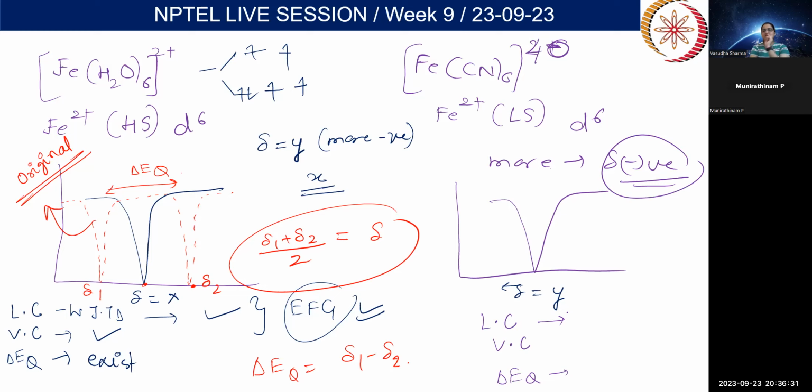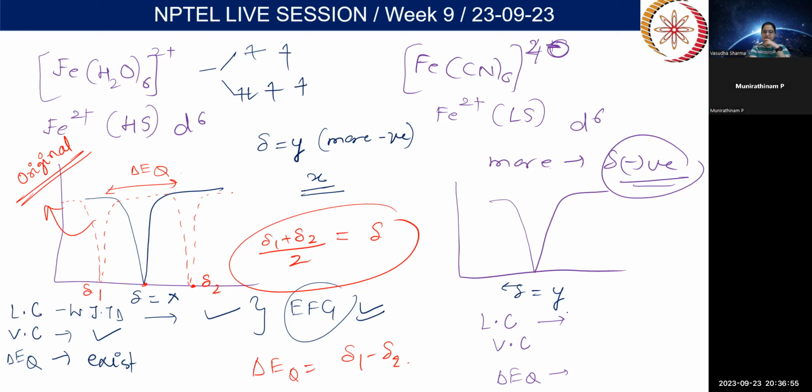Firstly, you need to check for lattice contribution, whether the ligands are the same or not. If they are the same, the lattice contribution is not going to be there, because for any contribution to occur there has to be some asymmetry. So the first thing is gone. Second, see whether there is a Jahn-Teller distortion or not.